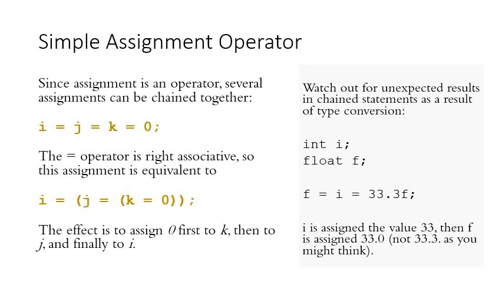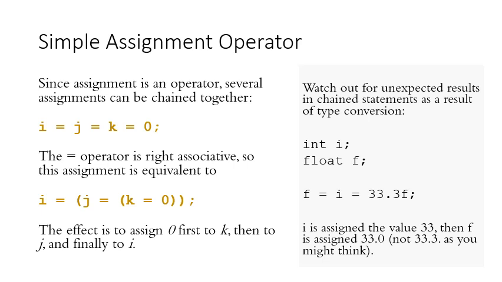Again, watch out for unexpected results in chained assignments as a result of type conversion. For example, we have again an integer I and a float f. I is assigned the value 33.3f. We know that 33.3f is a decimal value or a float value, but your I is an integer.